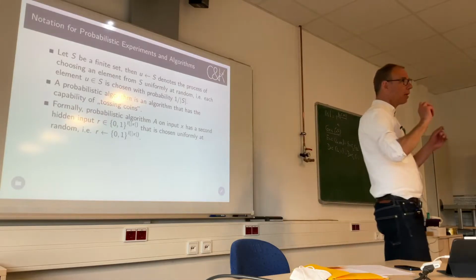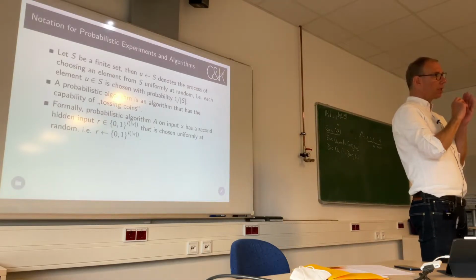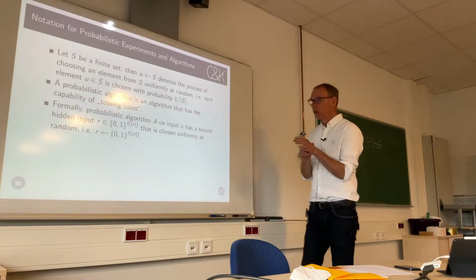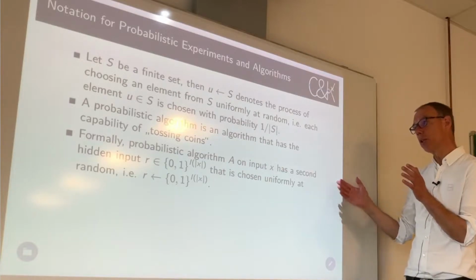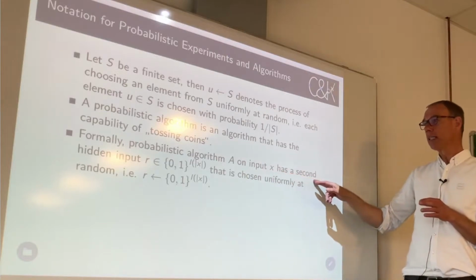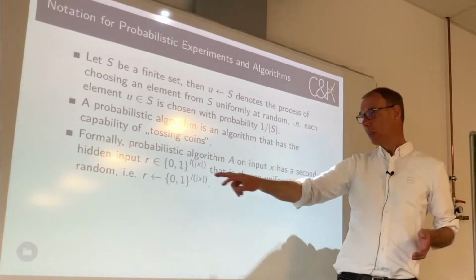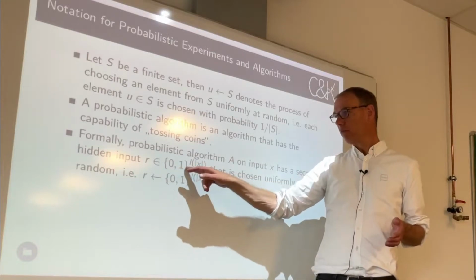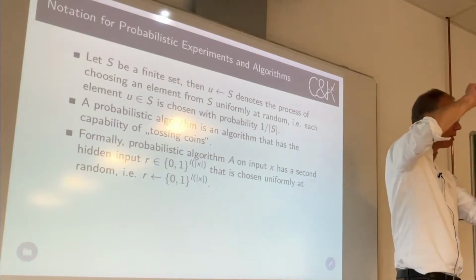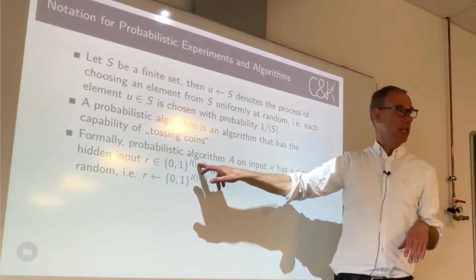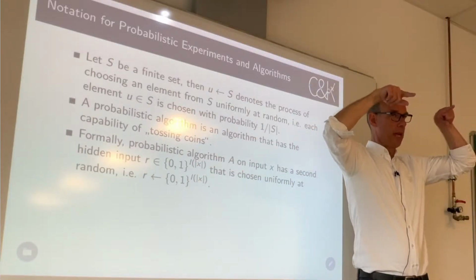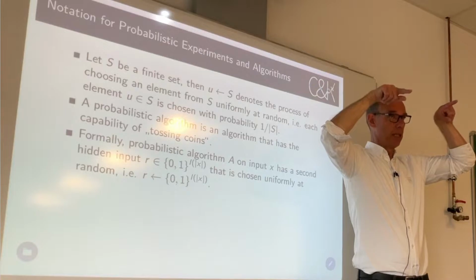Formally, I often denote that a little bit differently. The way we often view this is that a probabilistic algorithm that has input x also has a second, sort of hidden, input r from {0,1}^L(|x|), where L is some function. If x is a bit string, then the absolute value of x is the number of bits in x.